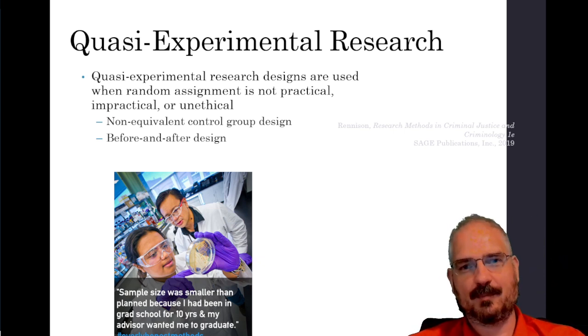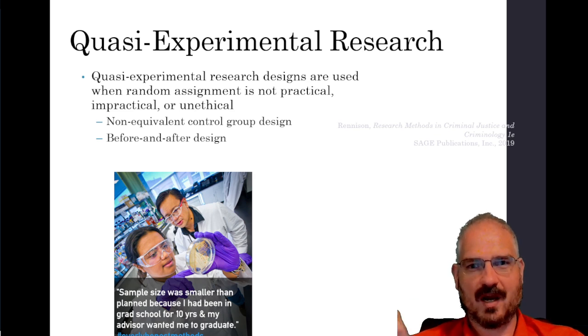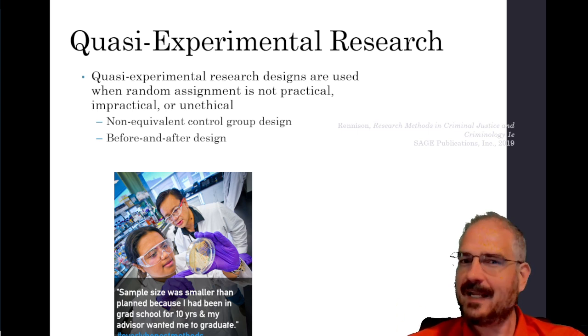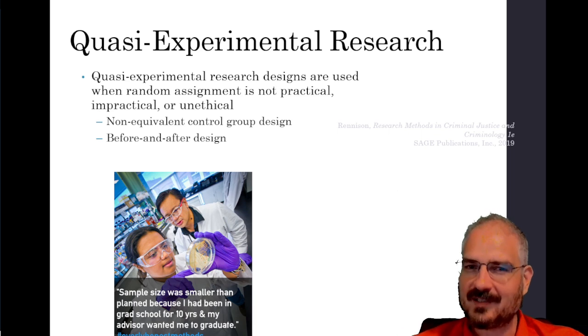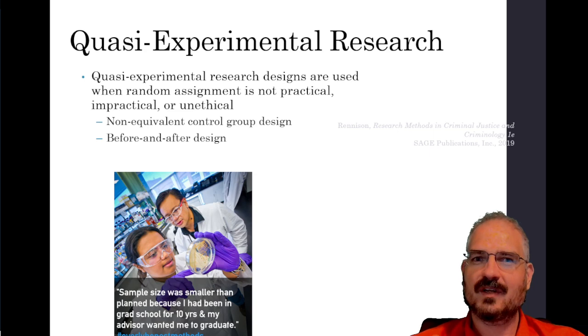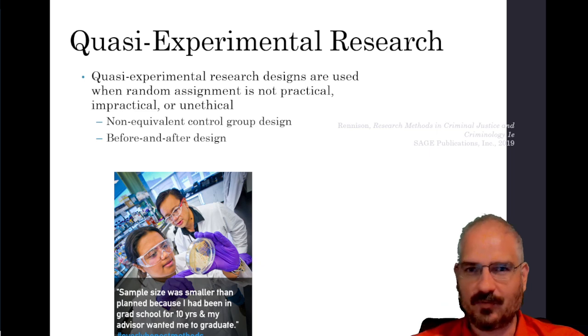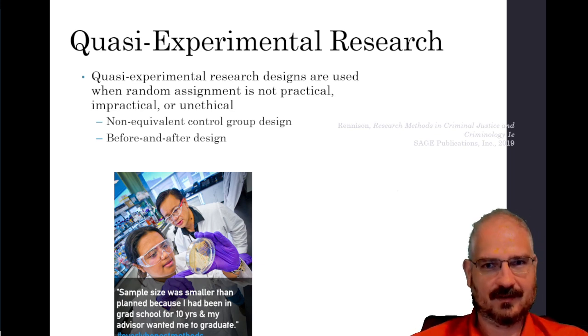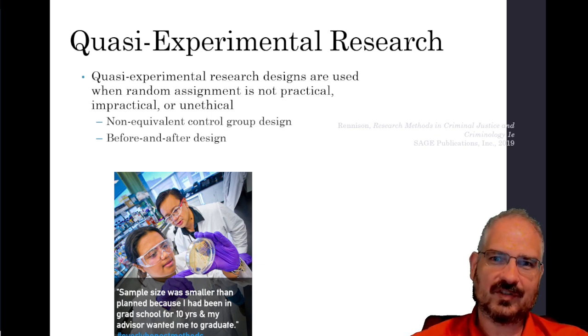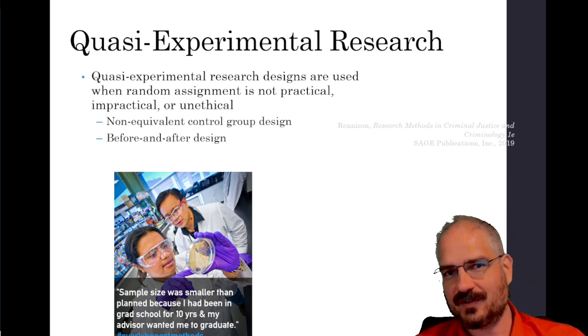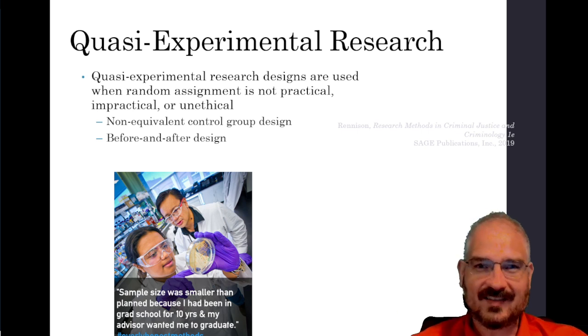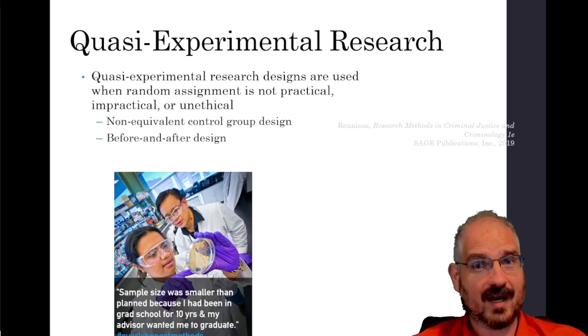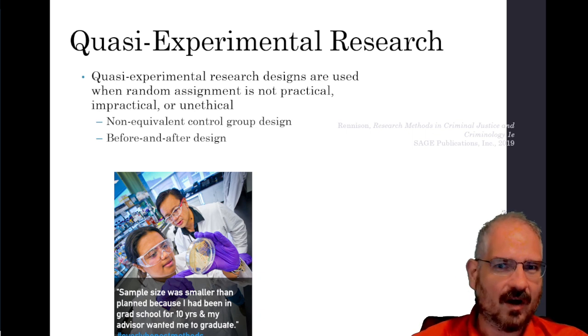Because in our prison example, where some prisoners get a rehabilitation program, some prisoners don't, and then we track their recidivism rates afterwards, I'm betting that the prisoners who got the rehabilitation program are the ones who are more well behaved and more willing to follow rules, and thus are less likely to recidivate anyway. And so they're going to have a lower recidivism rate than every other prisoner, not necessarily because of the rehabilitation program, but just based on who they are.